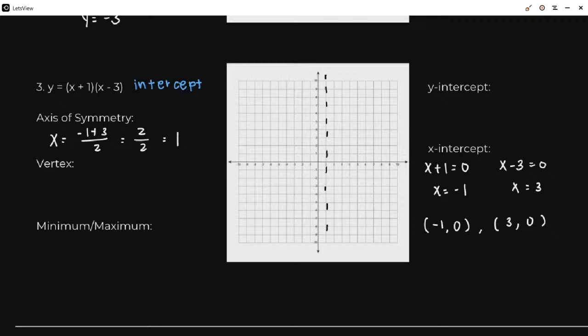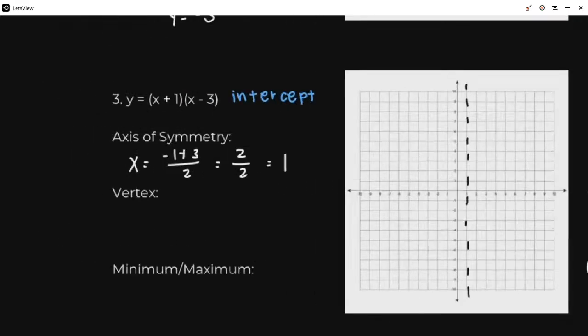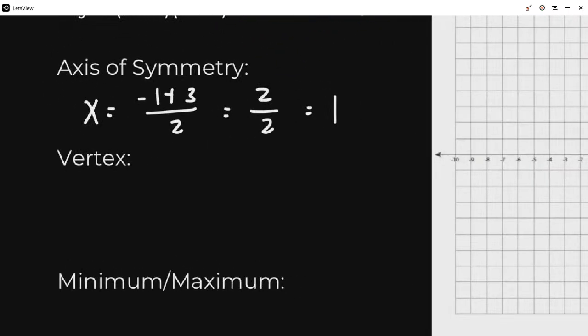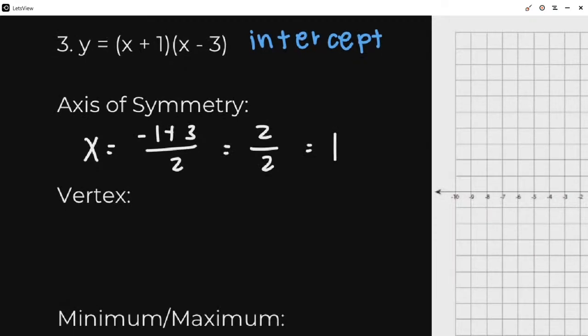So that tells us that our vertex is going to contain 1 as the x coordinate. So we will want to plug in, sorry, I have to write kind of small, so that's why I zoomed in. So we will want to plug in 1 into the original equation for x.